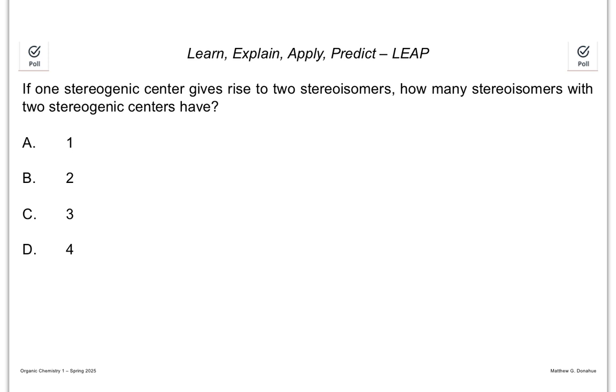So if you have one stereocenter, that gives rise to 2 stereoisomers. How many stereoisomers will 2 stereogenic carbons have? It will have 4.